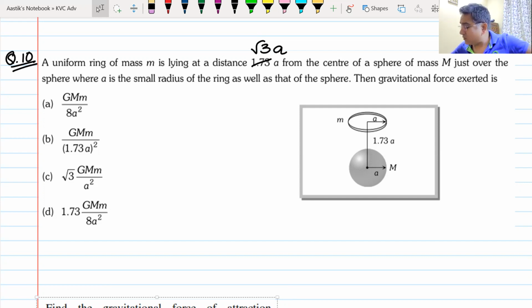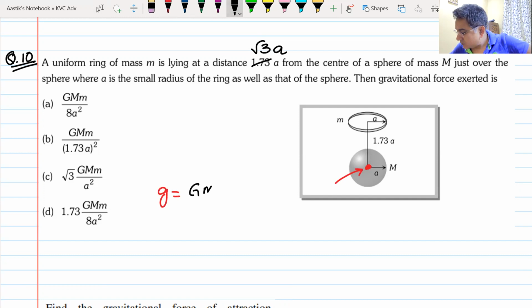But you can find the gravitational field at the center of the sphere created by the ring. How will you find it? You have to use the formula for the ring. What was the formula for the gravitational field created by the ring?